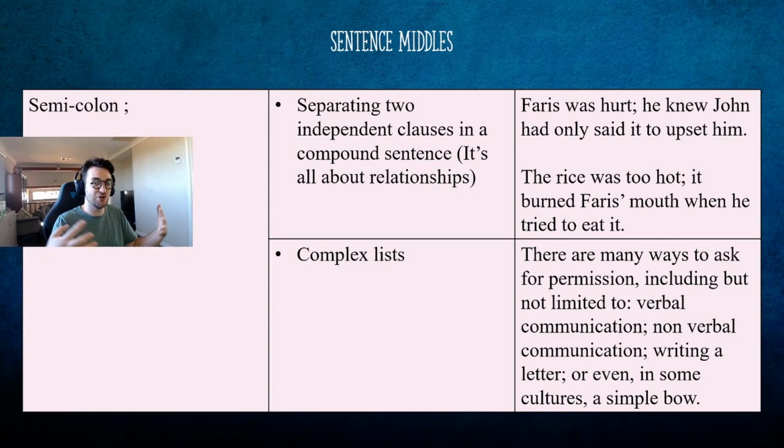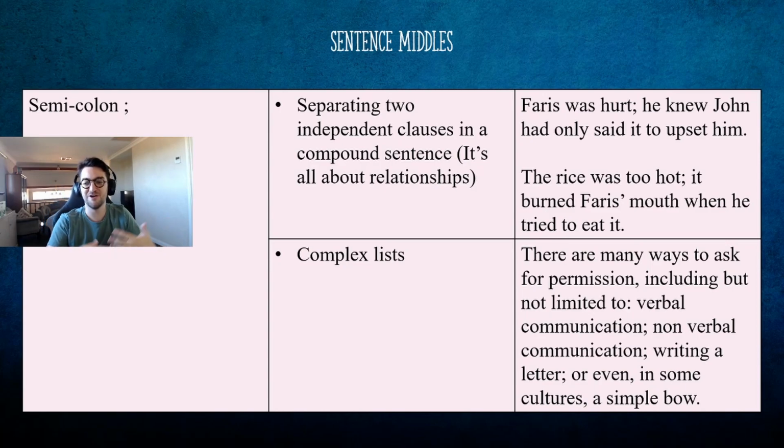However, you want to show that there's a close relationship between those two things happening. Those two independent clauses are very related because Faris was hurt as a direct result of John saying something to upset him. So you've used a semicolon, and the creators of the English language decided that somehow connotes a very close relationship between those two independent clauses.